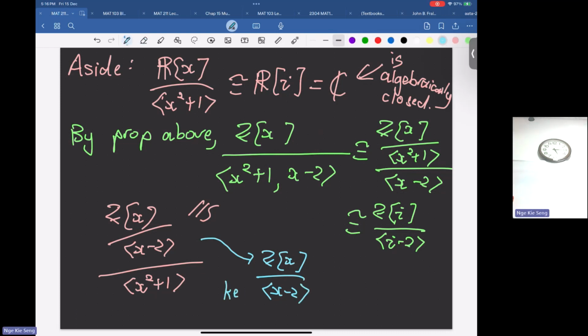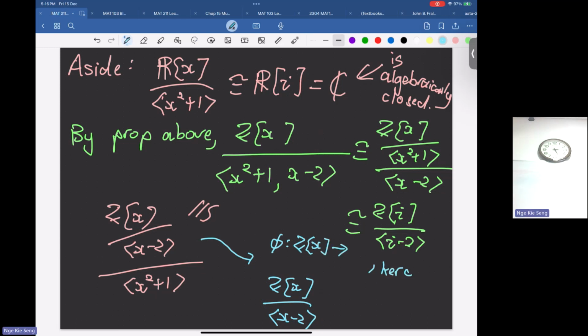To understand this, I need the first isomorphism theorem. I need a surjective map P from Z[x] to something such that the kernel of P equals x minus 2, so that I have an isomorphism here.